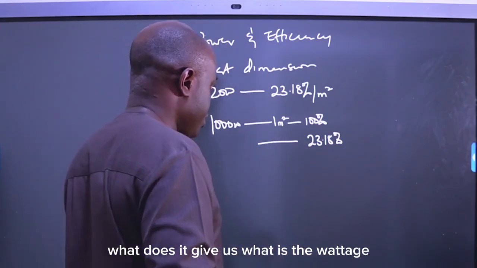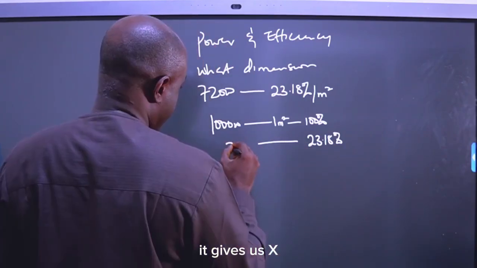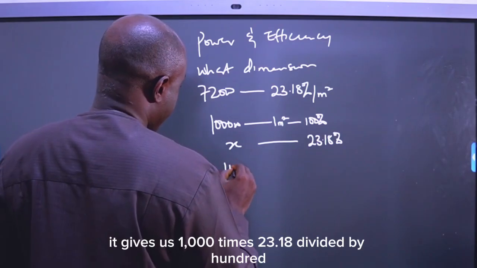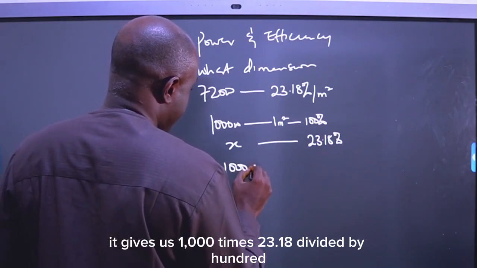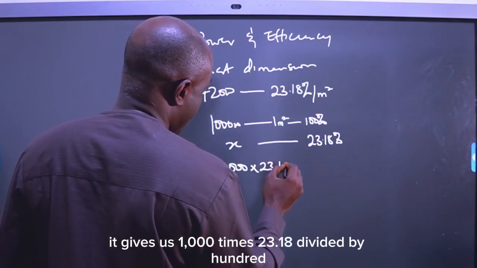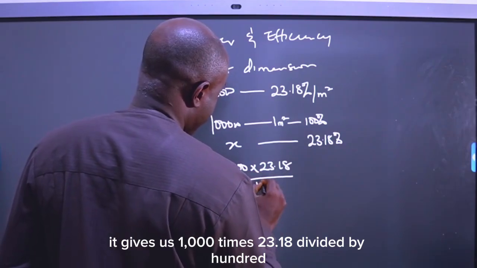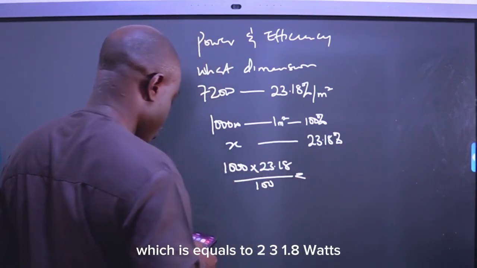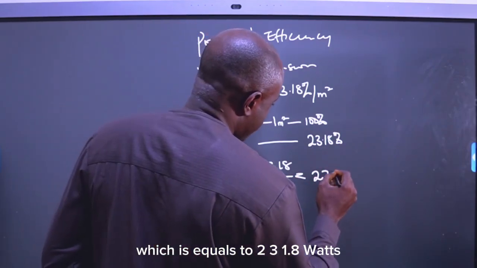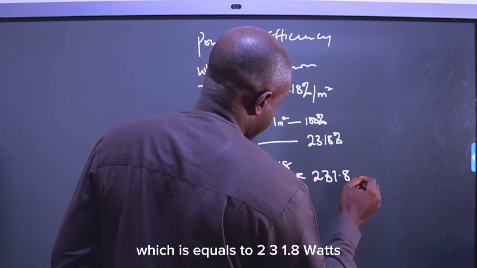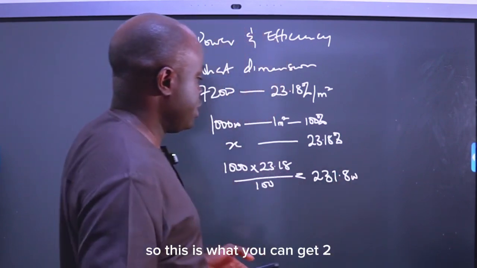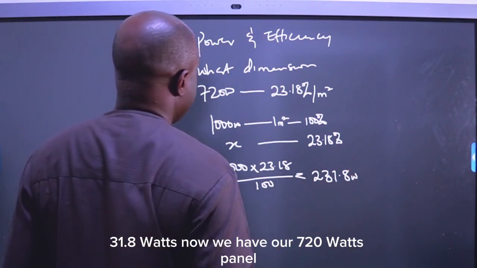It gives us X, which is 1000 times 23.18 divided by 100, which is equal to 231.8 watts. So this is what you can get, 231.8 watts.